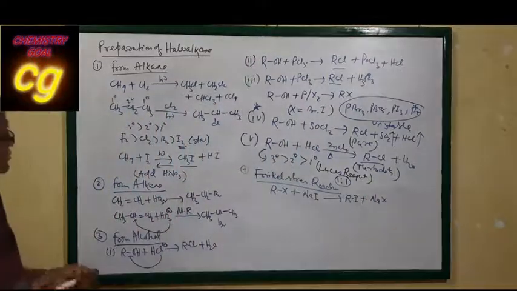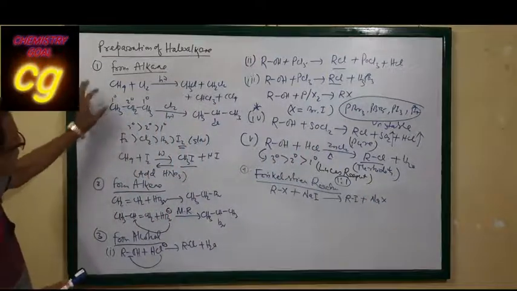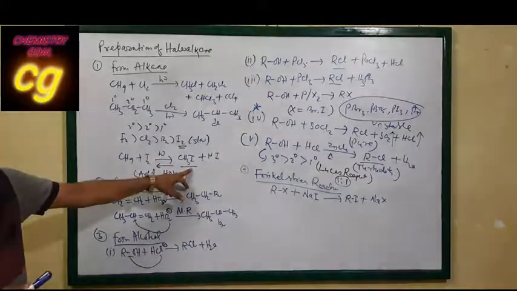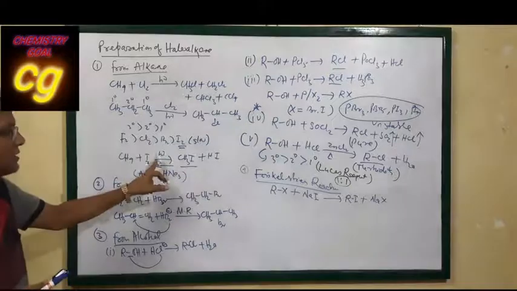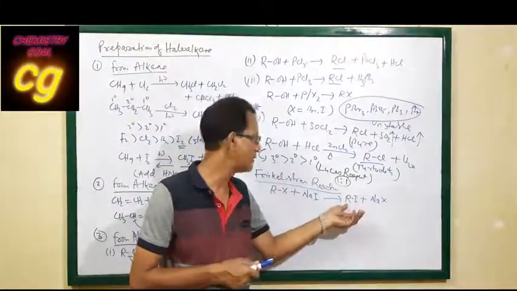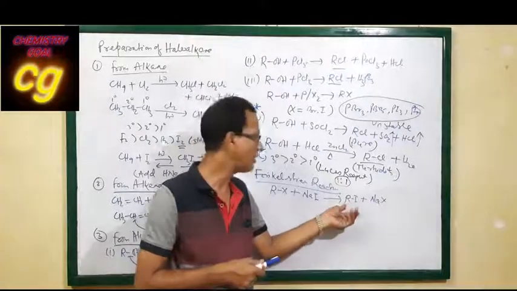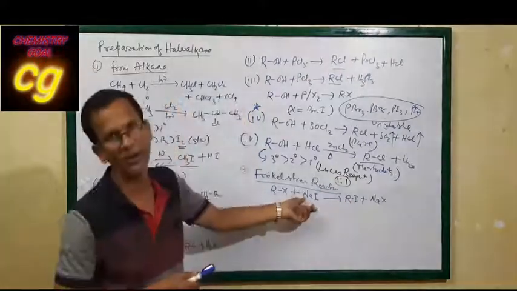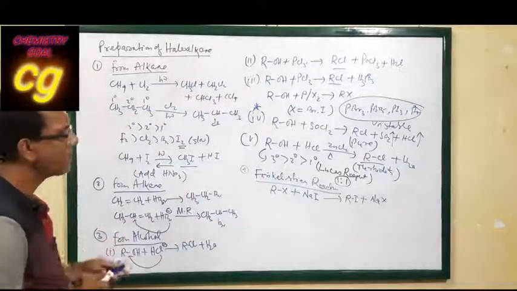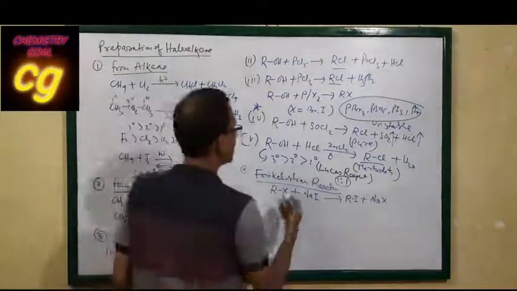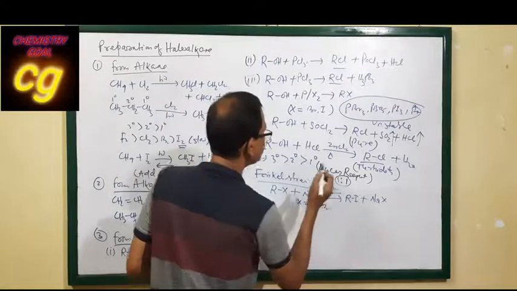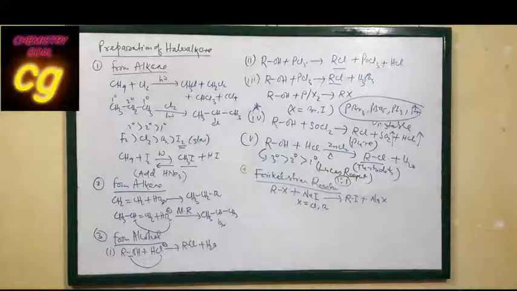We have already discussed that if you use the direct method, the amount of iodoalkane will be very small due to a slow reaction. But in this specific method, you can prepare a large amount of iodoalkane using sodium iodide. So this reaction is called the Finkelstein reaction. Here X can be particularly chlorine or bromine.